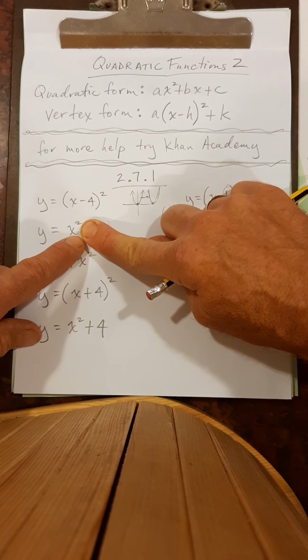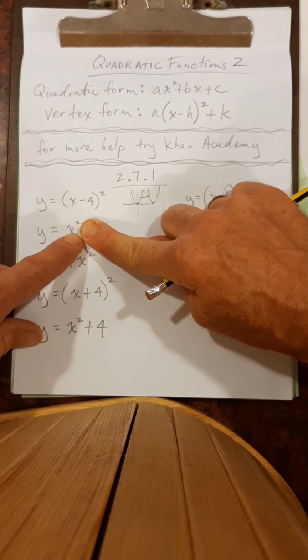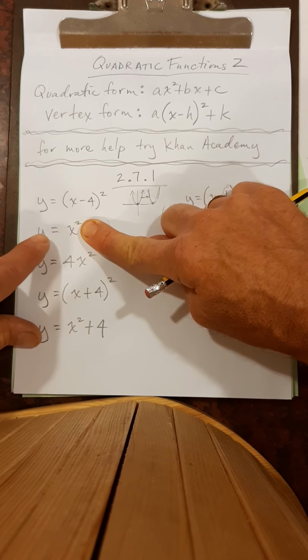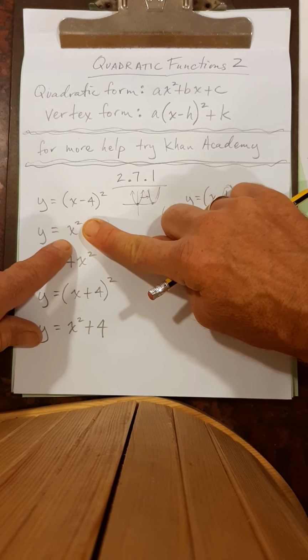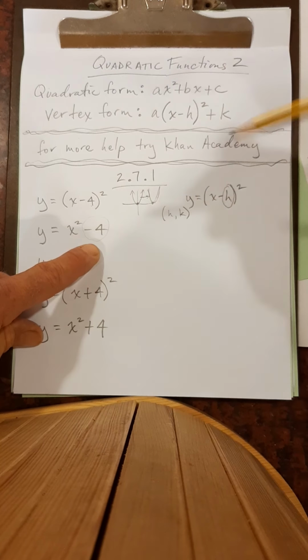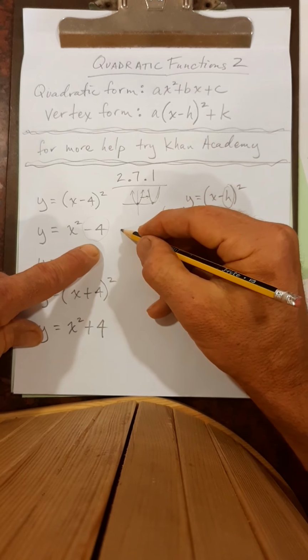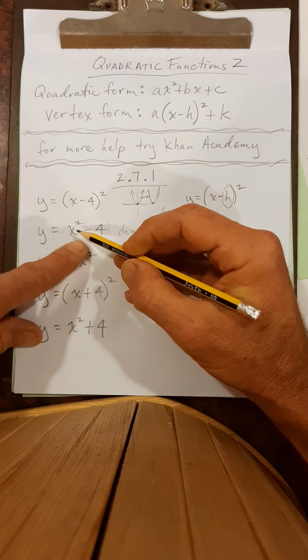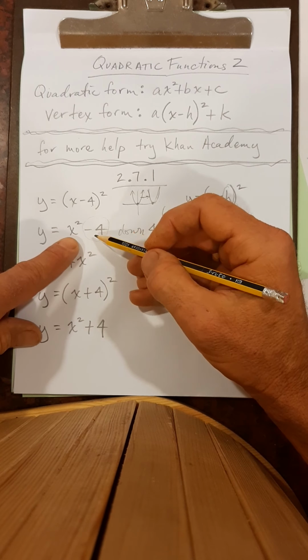If I put a negative in here, I get a positive y. If I put 0, I get 0. If I put a positive in for x, I get a positive y. I never get a negative value for y. My minimum value for y is 0. And then I subtract 4. So I move the graph down 4. Okay, I move y equals x squared down 4.